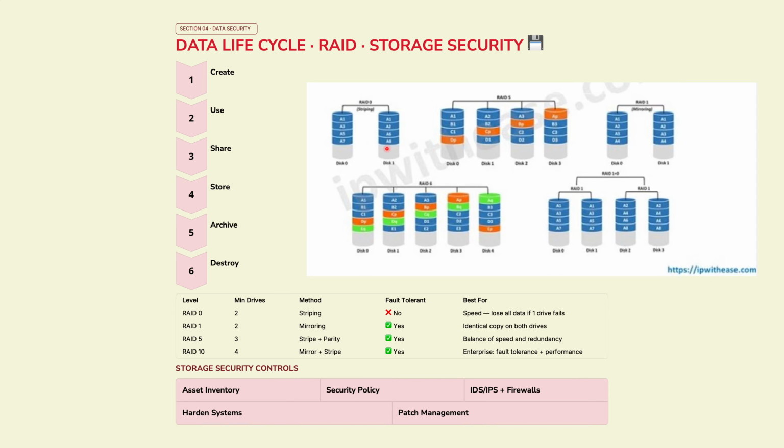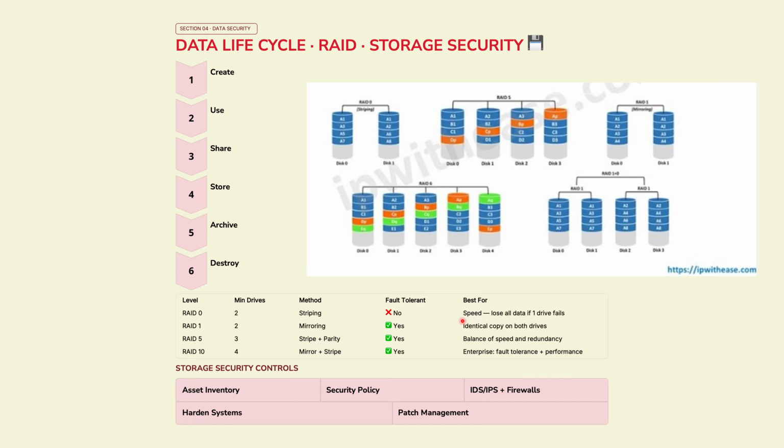Now let's take a look at the RAIDs. Okay, now we have RAID 0, RAID 1, and others here. Let's take a look at RAID 0. RAID 0 is striping, which provides maximum speed, but zero fault tolerance.